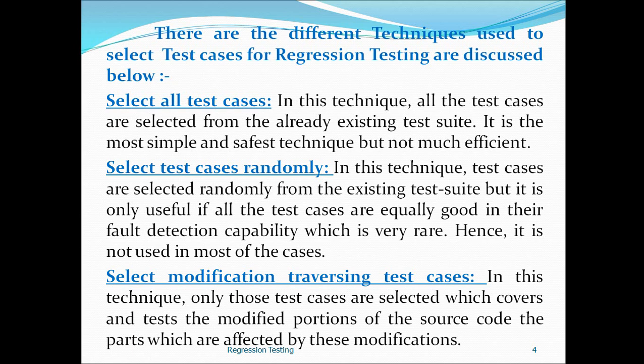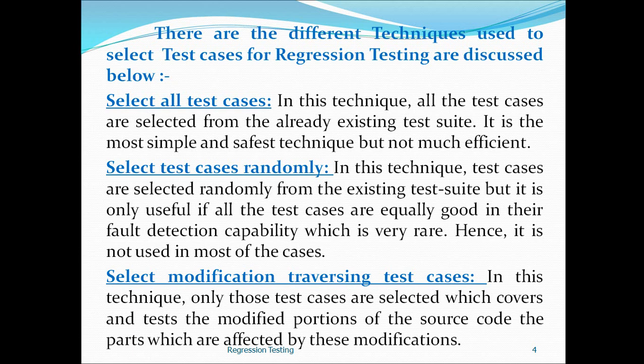When some part of the system is affected by this change, that part of the system is selected randomly and the errors are removed from these affected parts.